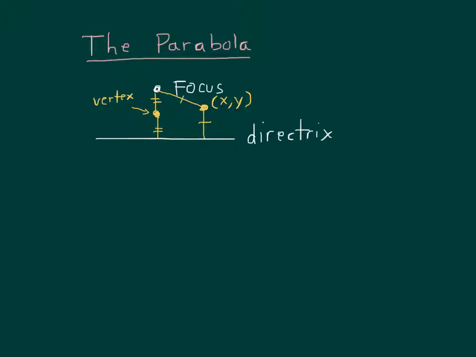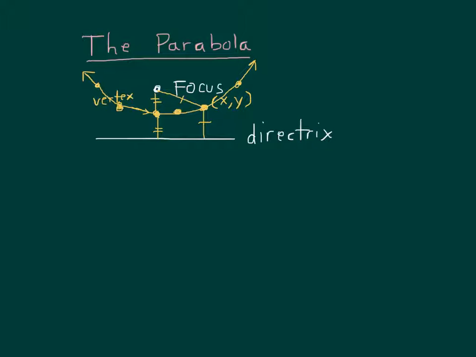If I made more points, I may make a point here, and there might be a point here, and one over here, and then one over here, and I connect all these points. This one might be a little off here, and I just connect them. What I have is my parabola.